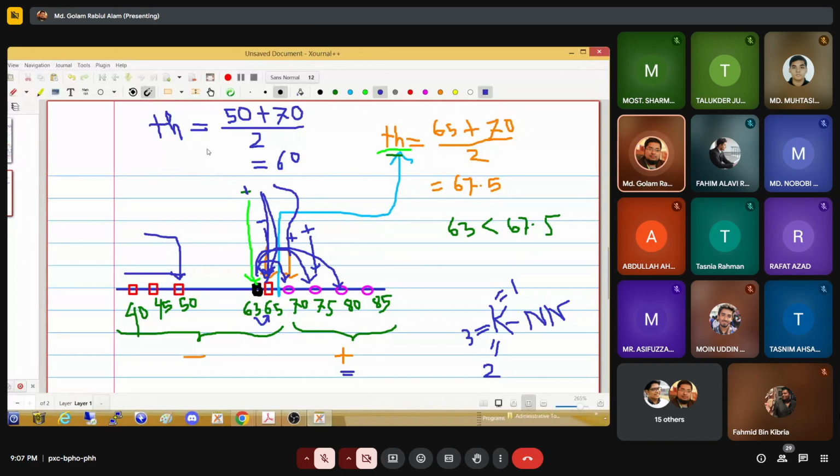So the threshold will be here. 60 will be the threshold. If 60 is the threshold, that means in training time this one will be misclassified.